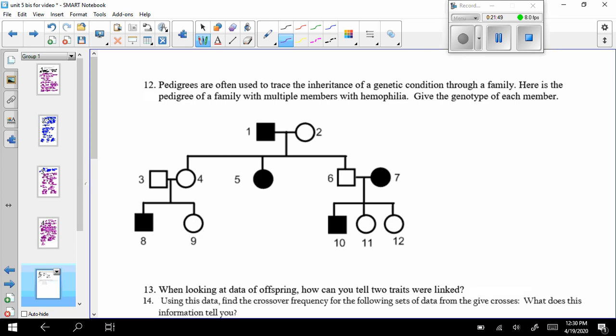All right, and here's the pedigree, and this one actually is going through hemophilia. So that is a sex-linked trait. My advice is always to go around and do your X's and your Y's first. Now the circles are the females, so you give them all XX. The squares are all males, so you give them all XY.